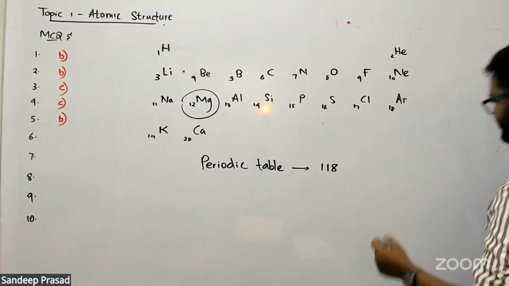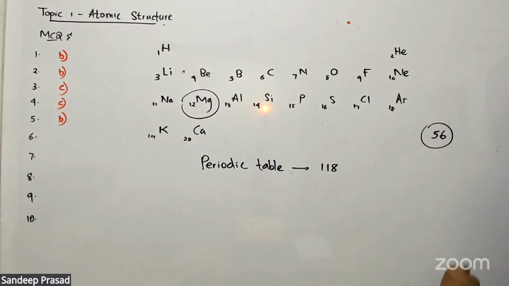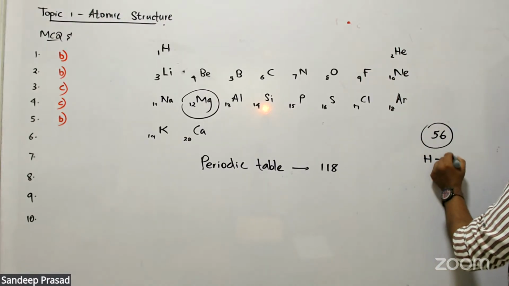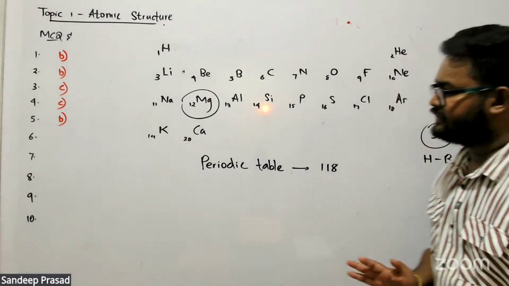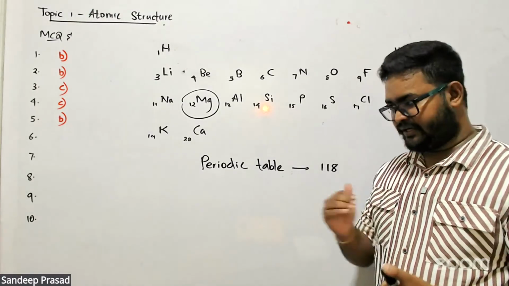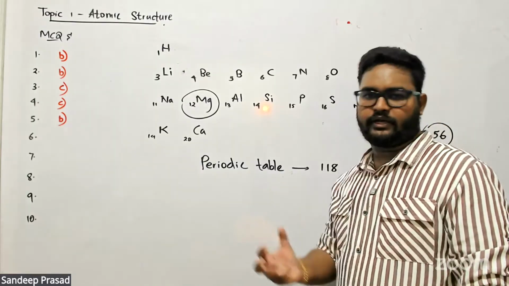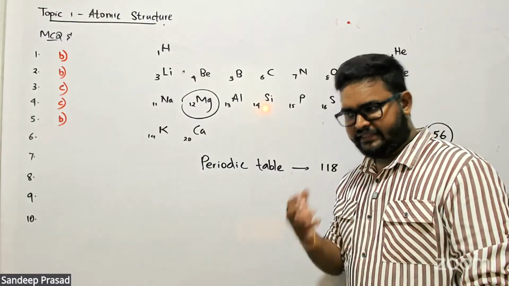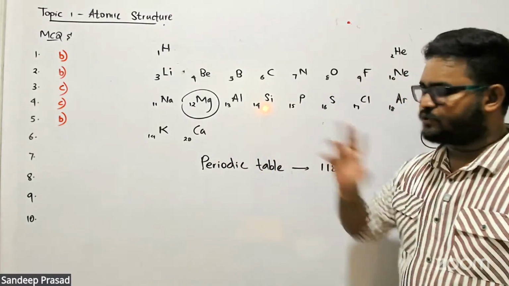At least you have to remember 56 elements in the periodic table, hydrogen to barium. I'll tell you why you have to remember at least 56. Now let's study the next 10 elements, because in our syllabus, unit number 6 is chemistry of s, p, d block elements. In that lesson, we discuss another 10 elements in addition to these 20 elements.